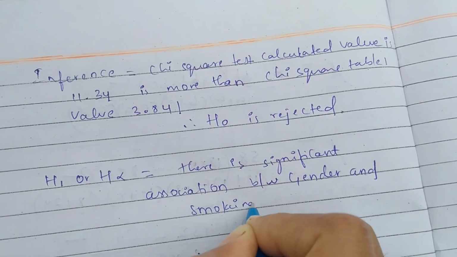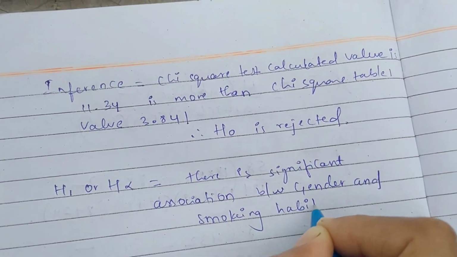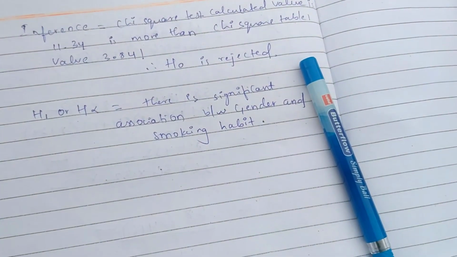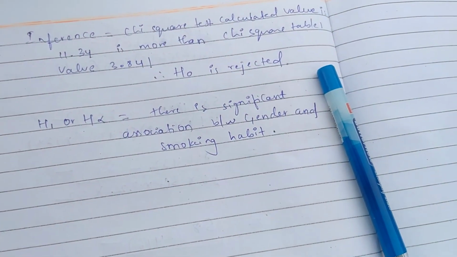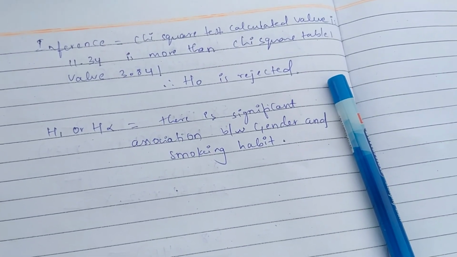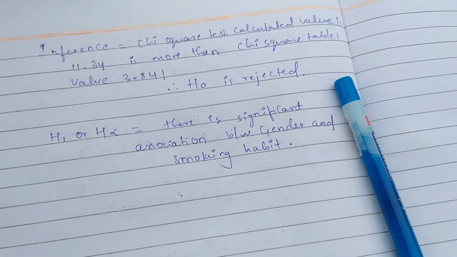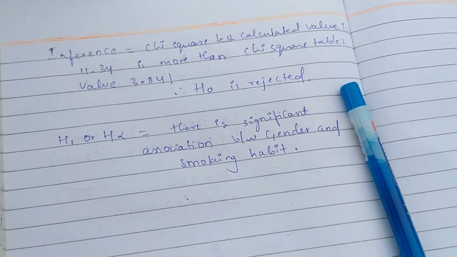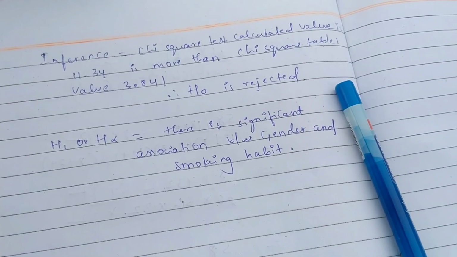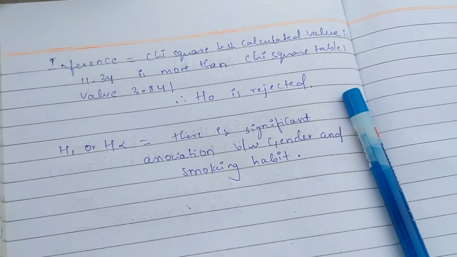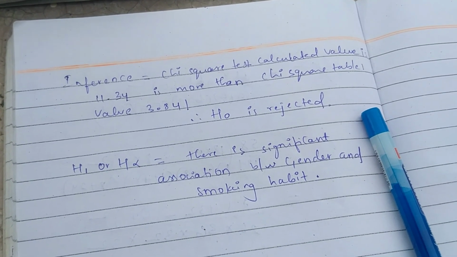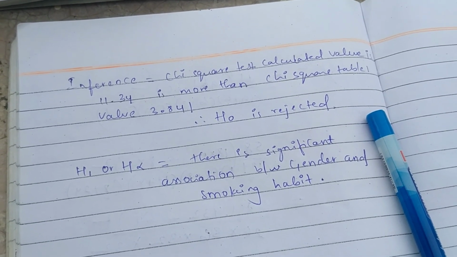So in the exam also we have to do each and every step. First step, framing of hypothesis, followed by calculation, followed by comparing the table value at the alpha significance level with the calculated chi-square value. If the calculated chi-square value is more than the table value, then H naught is rejected.